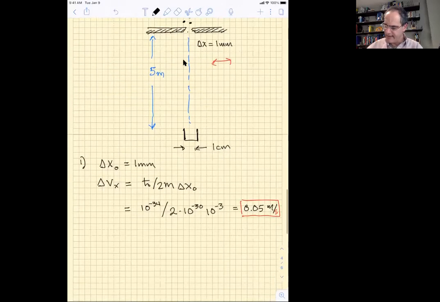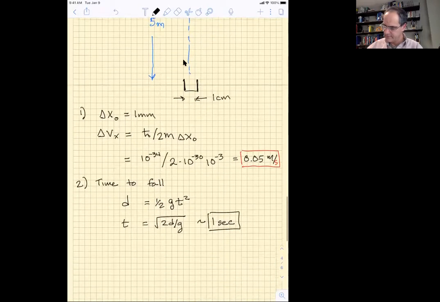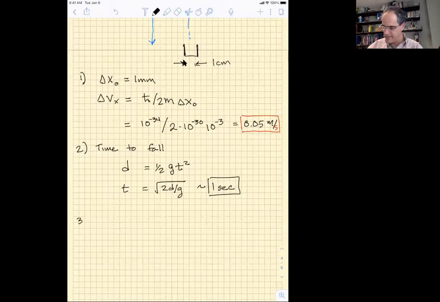And that's an issue because it takes the electrons some time to fall from the top to the bottom. Okay? So the distance they fall is, of course, 1/2 g times t squared. So t should be the square root of 2d over g, which is about 1 second. Okay? And that allows us to find the uncertainty in their position due to the uncertainty in the velocity.